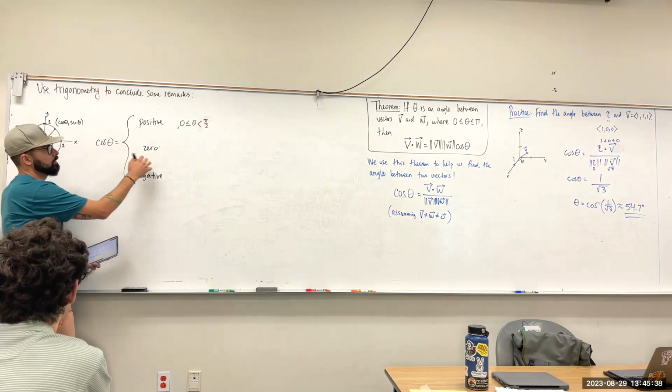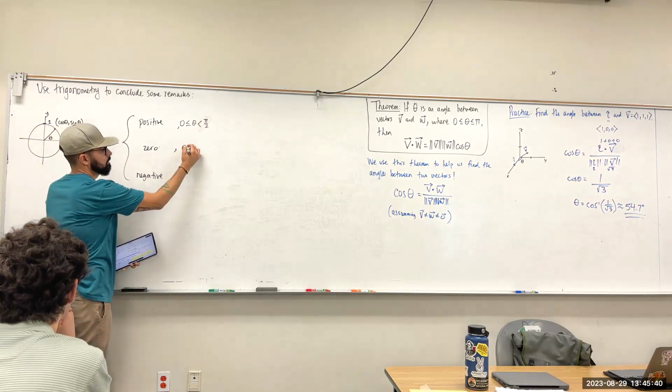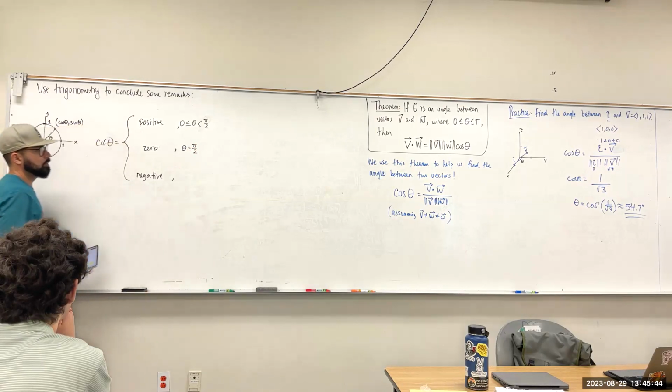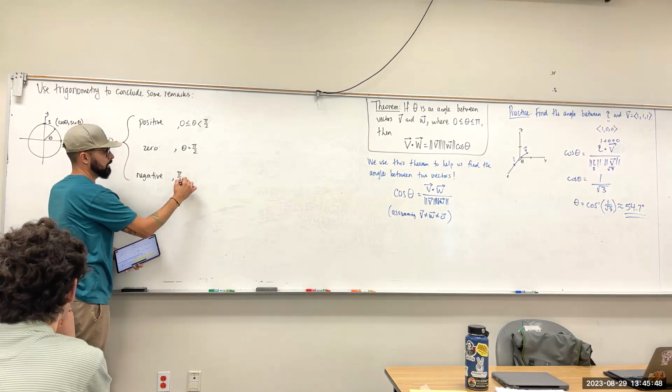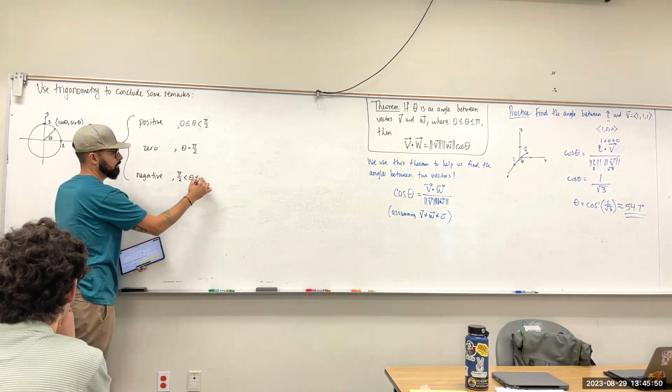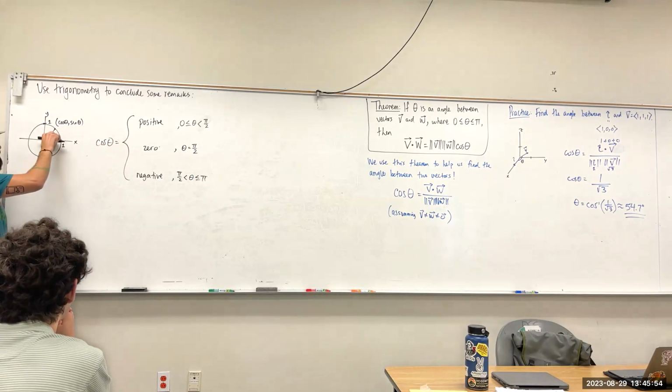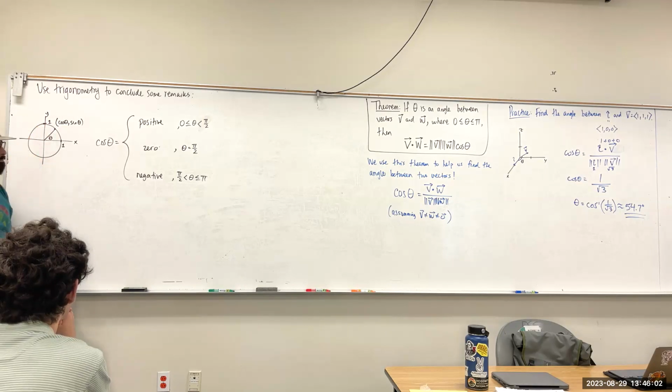When is it 0? At 90, yep, at pi over 2. And so when will it be negative? From 90, but not including it, to 180, pi. From here to here it's positive, then cosine is 0 here because the x-coordinate is 0, and then the x-coordinate is negative here.